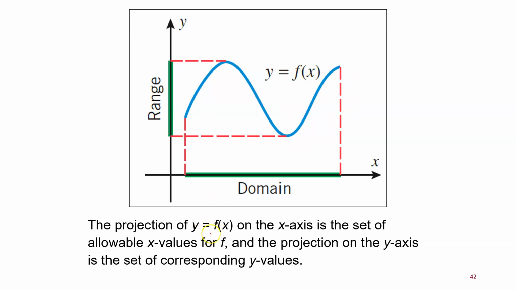The projection of y equal to fx on the x-axis is the set of allowable x values for f, and the projection on the y-axis is the set of corresponding y values. Maksudnya macam tadi lah, bila you have a function, you substitute the value of x ke dalam that function, you will get a y value, which become your range over here.